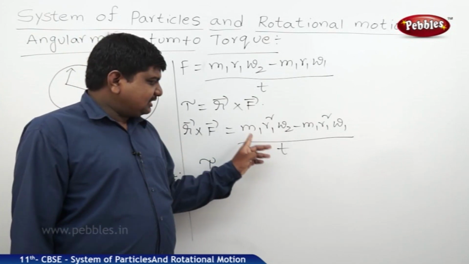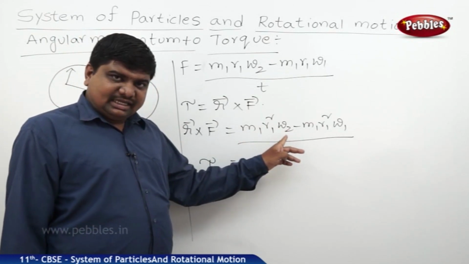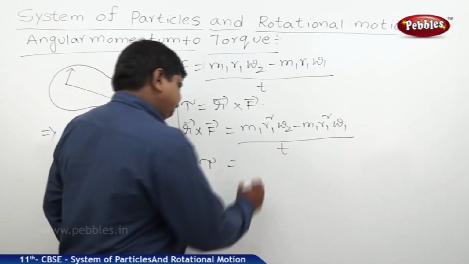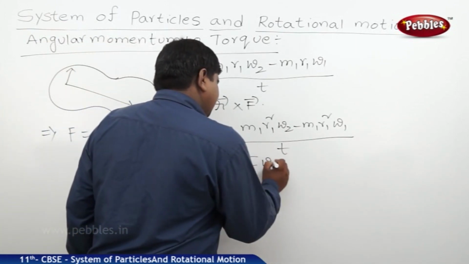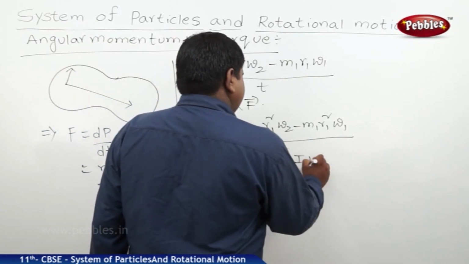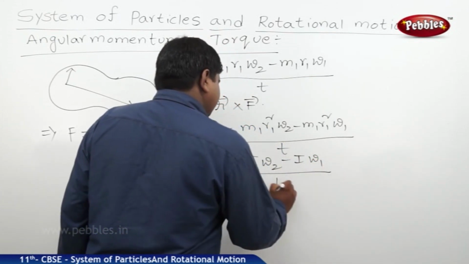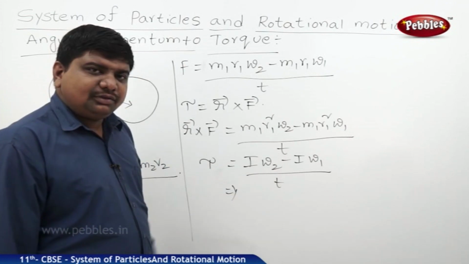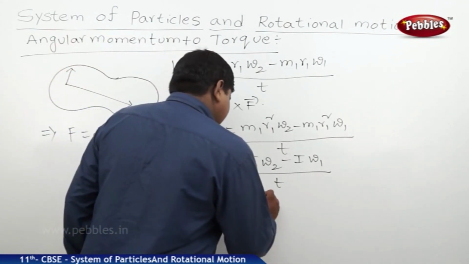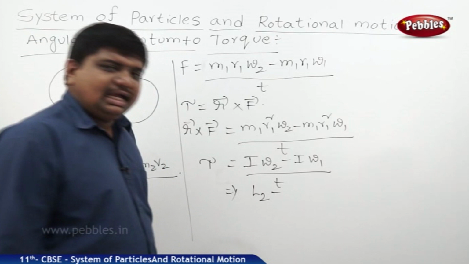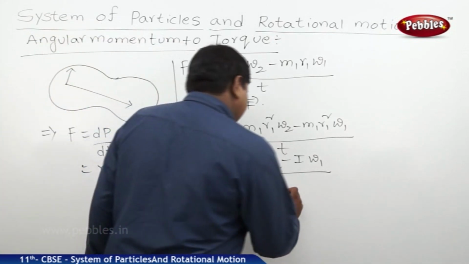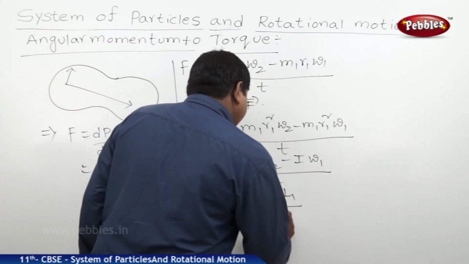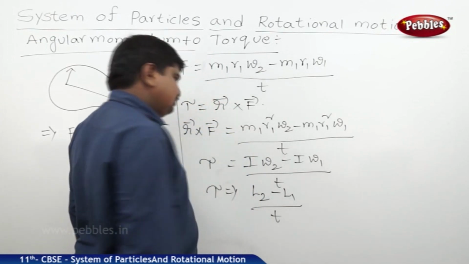Previously, we have seen this expression m r square omega is nothing but I omega. That's why it is (I omega 2 minus I omega 1) by t. I omega 2 is nothing but L2, the final angular momentum, minus I omega 1, the initial angular momentum L1, by t is equal to tau.